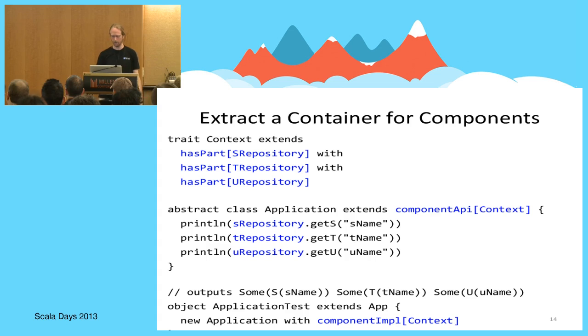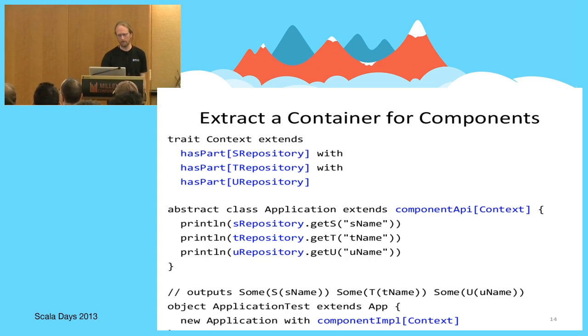So let's introduce a new concept. I'm going to call this a context, sort of a shout out to Spring, which I used many years very happily. They call these things an application context. It's just a place where I'm going to put all my components. So the context has these parts.